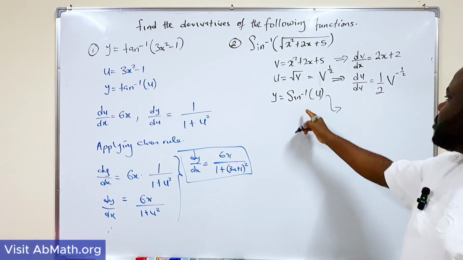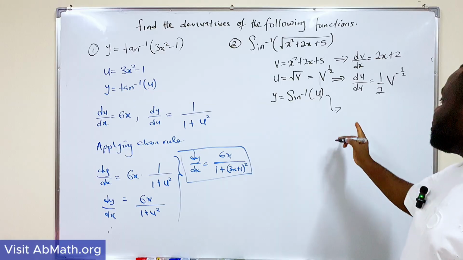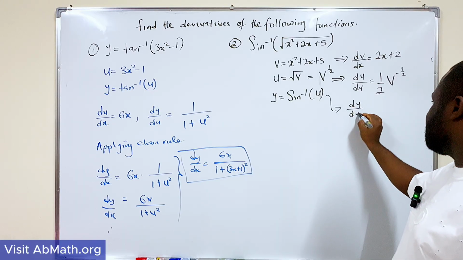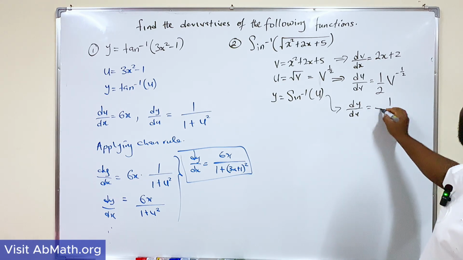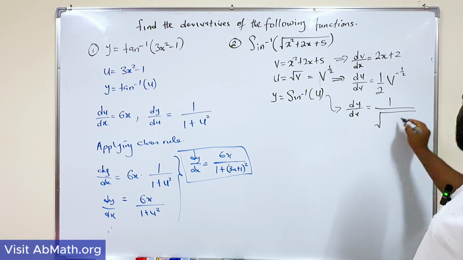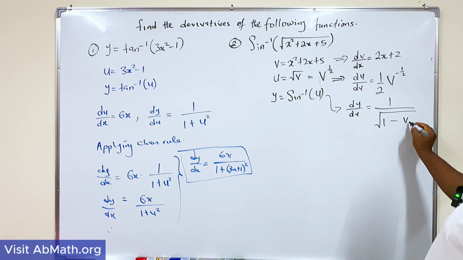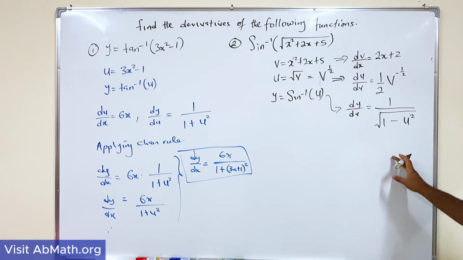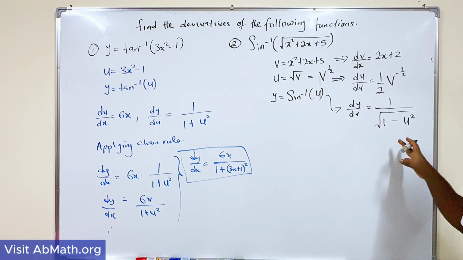So let's talk about sine inverse. Sine inverse dy du will give you 1 over square root of 1 minus u squared. So what are we going to do? We are now going to apply the chain rule.